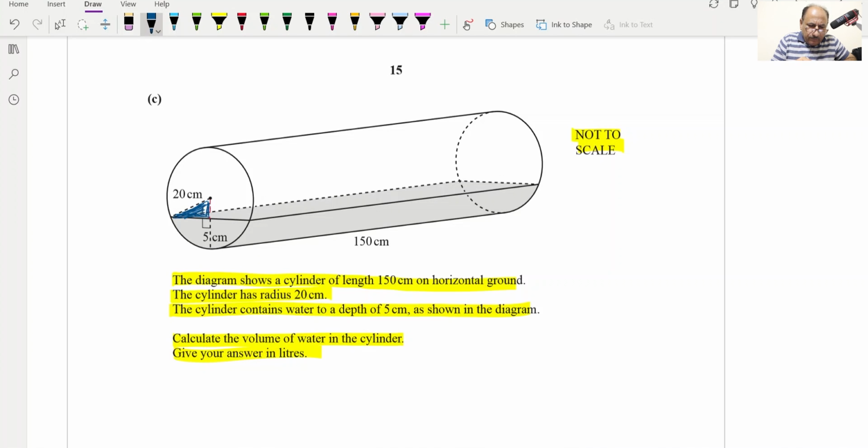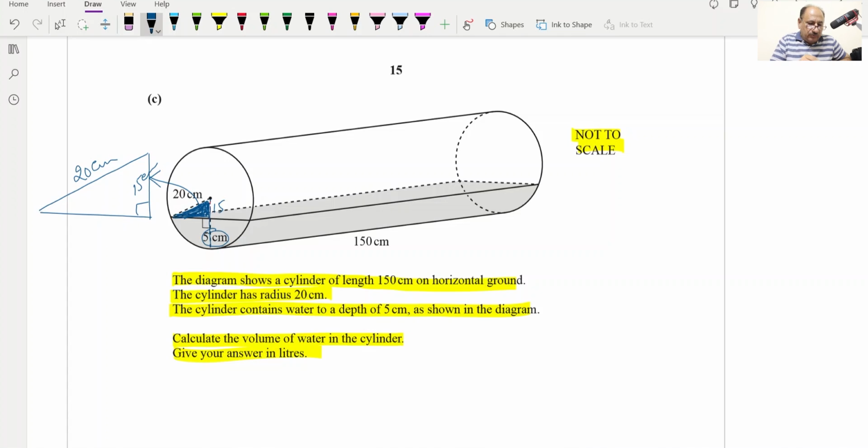We are considering this much triangle, and if I show this triangle separately over here, this will be a right angle triangle, and this is 20 centimeter side, and this is basically the enlarged triangle, and this is also radius, this one, and 5 centimeter is the lower portion, so the upper portion will be 15, and this side is 15 centimeters.